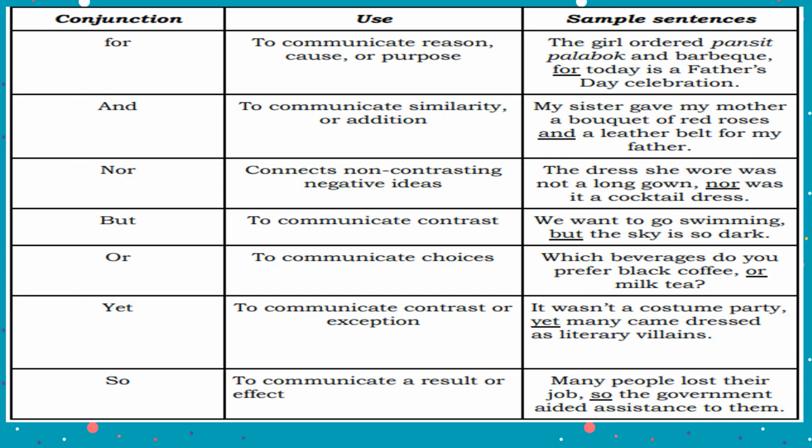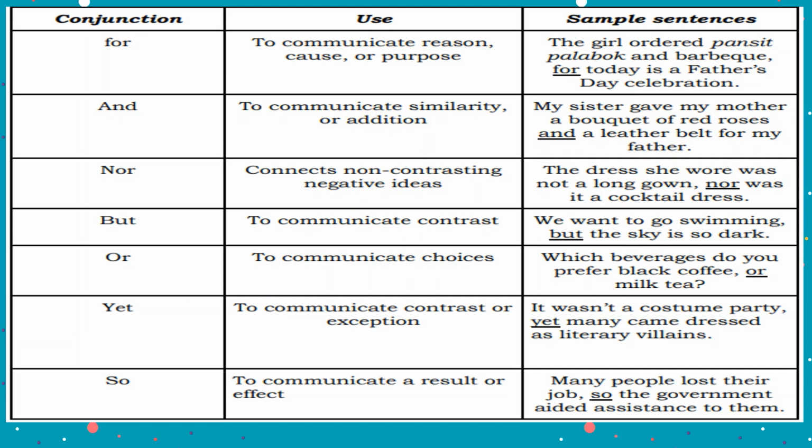Or is used to communicate choices or options. Which beverages do you prefer? Black coffee or milk tea? Yet is used to communicate contrast or exception.